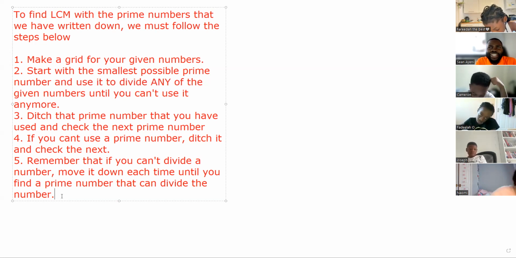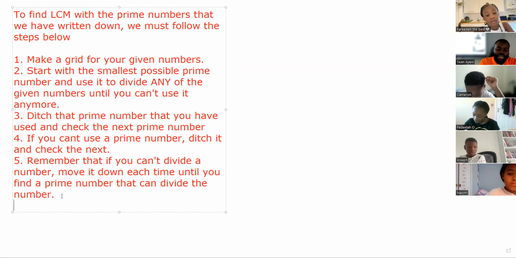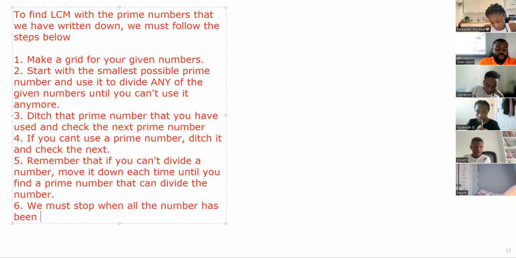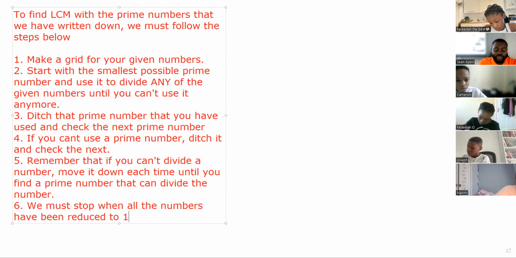No. Where do we throw it? In the bin. Ditch it. And then we'll move on to the next one. We must stop when all the numbers have been reduced once.